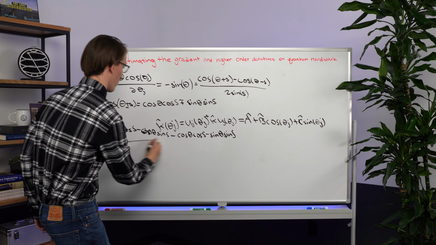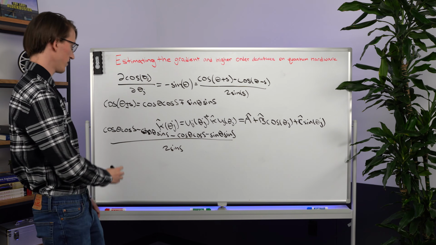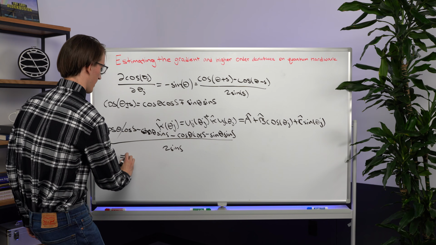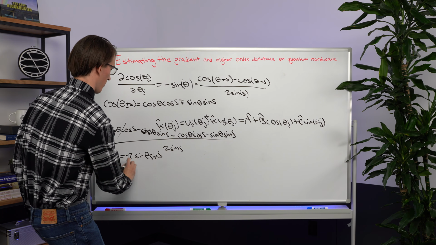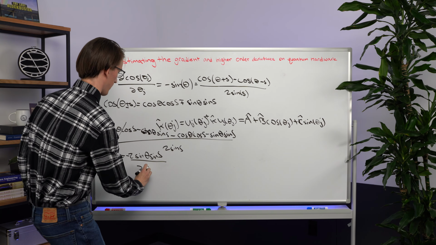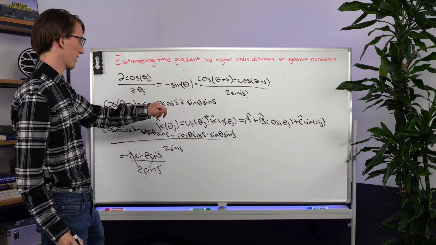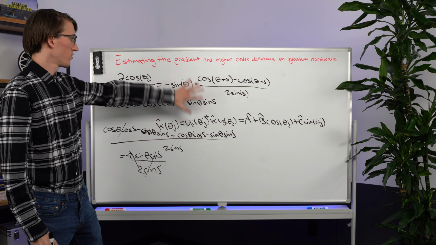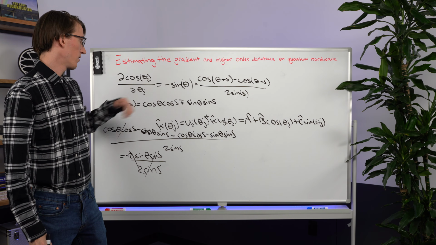And we put this all over 2 sine s. We can see that these will cancel because they're subtracted. We'll get negative 2 sine theta sine s all over 2 sine s. These will cancel, and we'll get exactly what we expected of negative sine of theta. So this is the whole process to just get this derivative of cosine of theta.